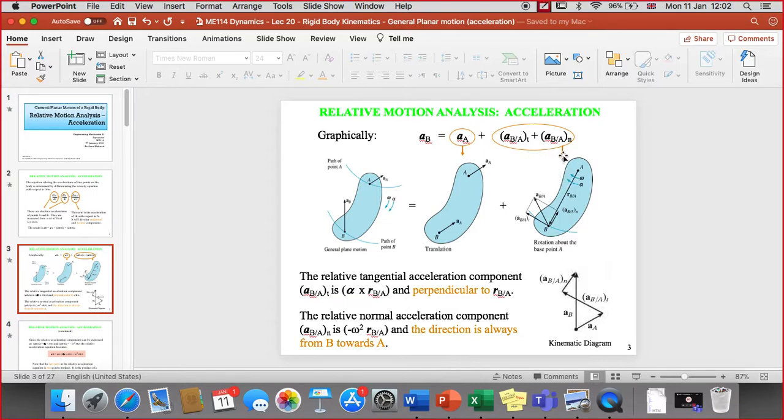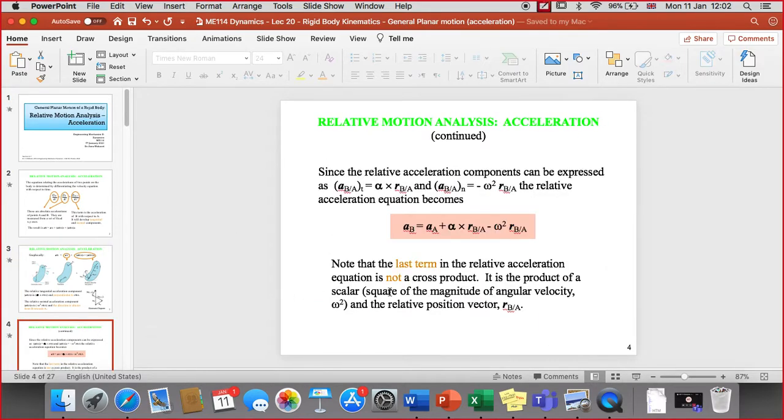arising because of rotation. Now we know कि जब rotation होती है तो there are two components of the acceleration. One is the normal component and the other is the tangential component, और हमें वो भी पता है कि वो होते क्या हैं exactly, right? Rotation की acceleration से.